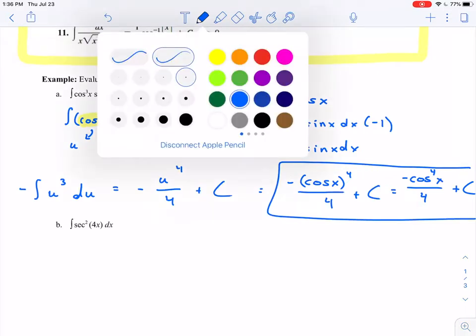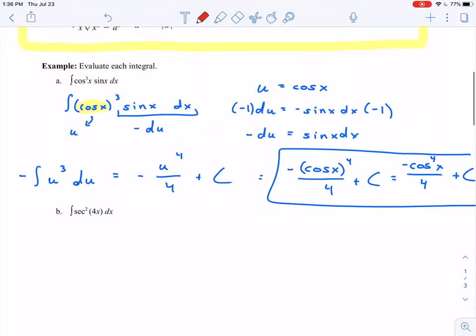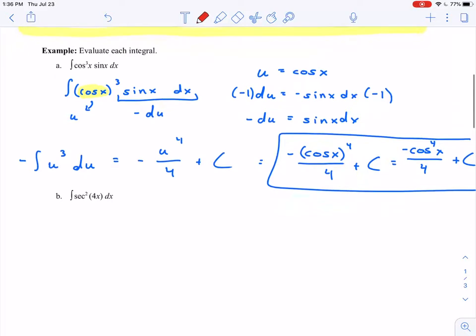Next up, we have the integral of secant squared 4x dx. Here, this one might be a little bit tricky, but I see this 4x. You might need to know here in this case that if we integrate, say, secant squared x dx, this is equal to tangent of x plus c.